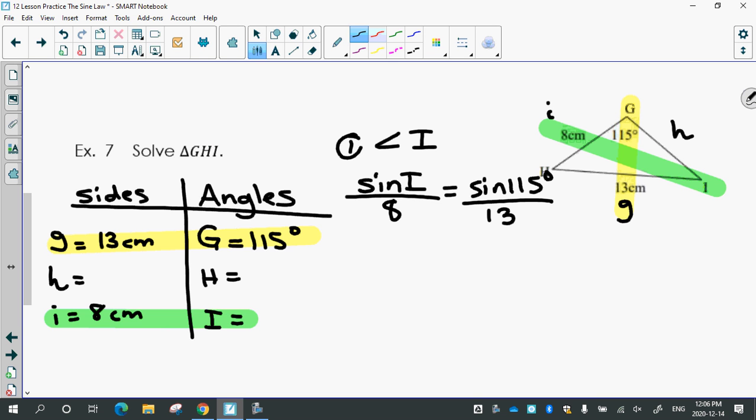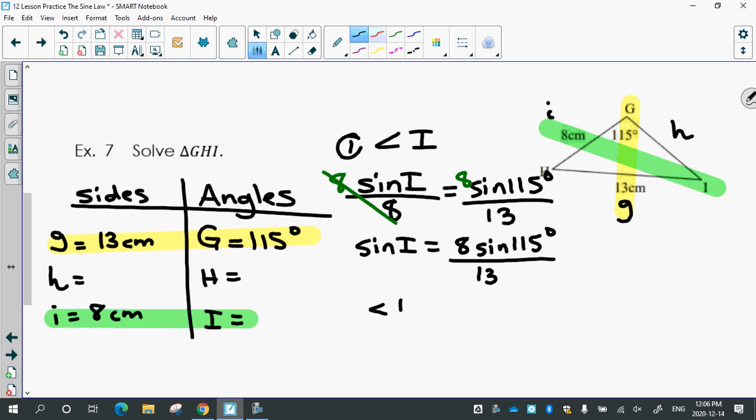Angles on top with the sine. This is called the sine law. Sides on the bottom if you're finding an angle. So I'm going to multiply both sides by 8 to undo the divide by 8. And then to undo sine, to get angle I by itself, I have to do sine inverse.